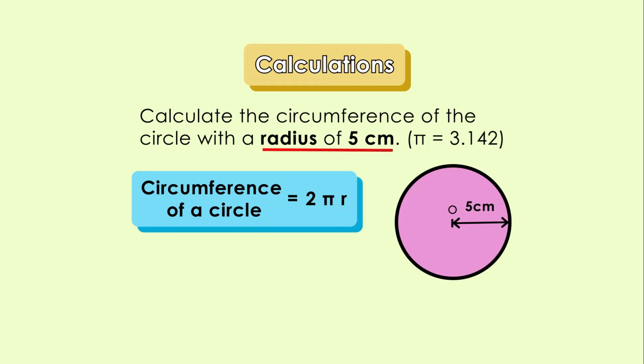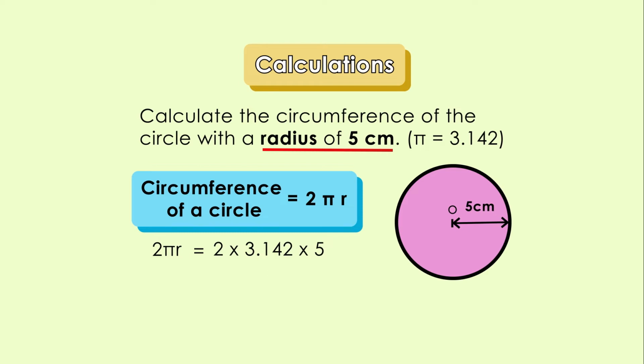Given that the radius is 5 cm, let's try this together. 2 pi r equals 2 multiplied by pi, which is 3.142, and then multiplied by 5. You can use a calculator to help you calculate faster. What did you get? Well done!